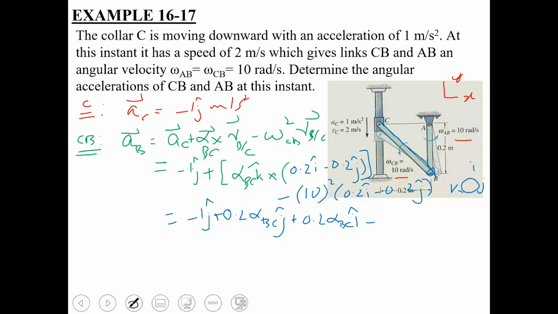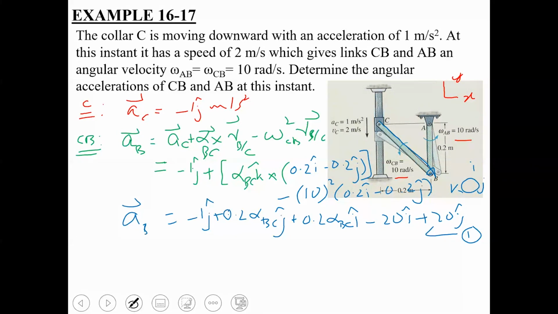And further ये right side पे जो term है 10 square, आपका 100 आ जाएगा multiply by 0.2, so it is going to be minus 20 i plus 20 j. ठीक है, let me call it as equation number 1, and this represents the acceleration of point B. Clear है यहाँ तक? Yes, sir.